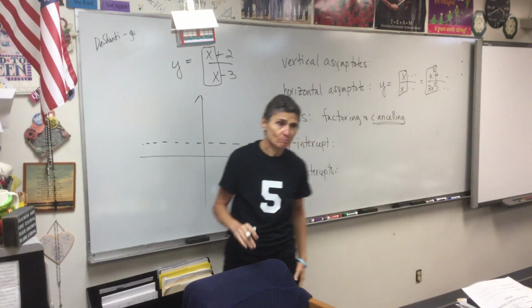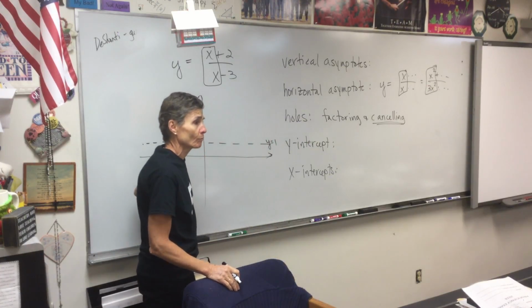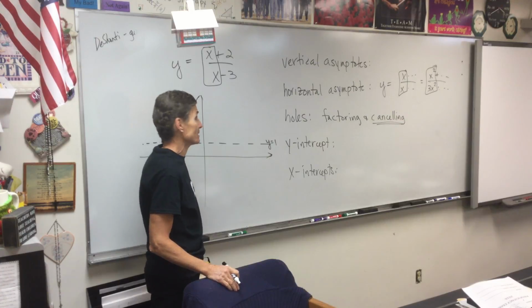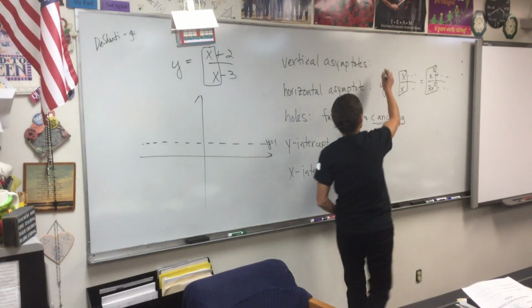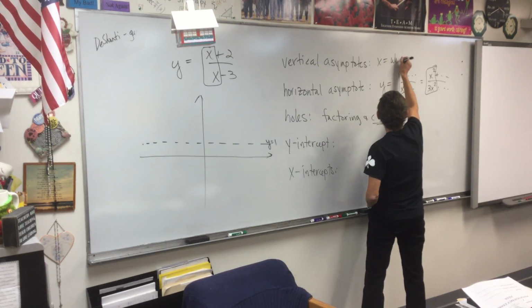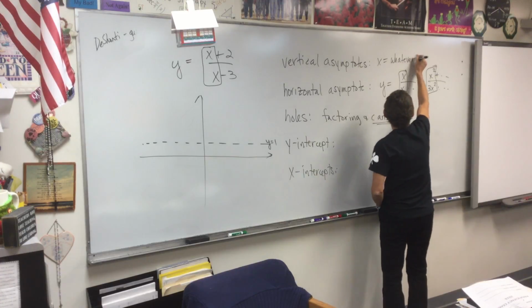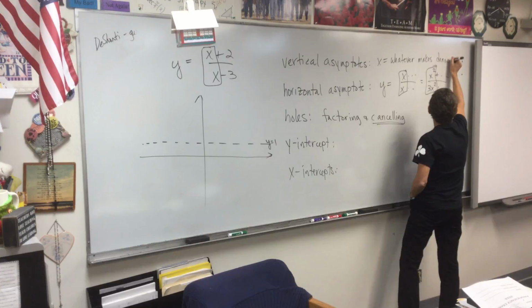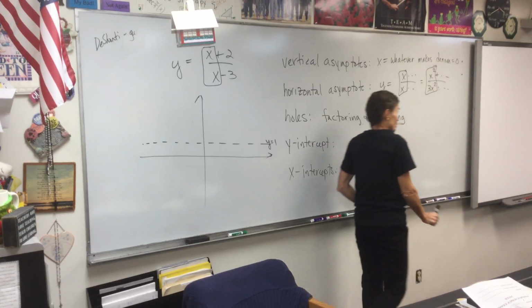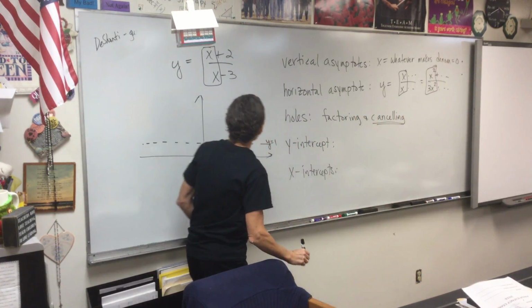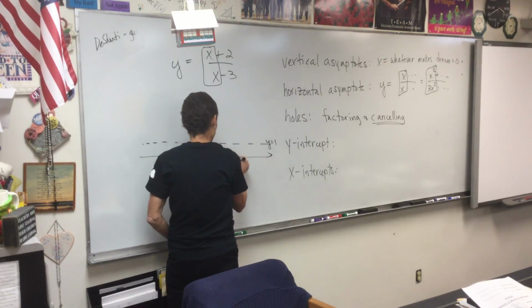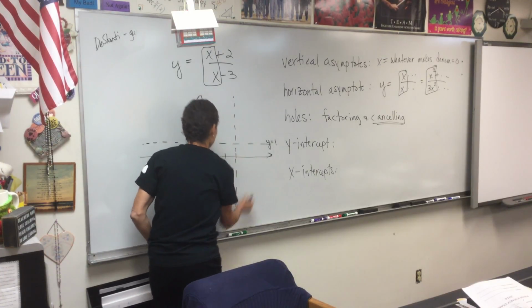Oh, your vertical asymptote you should remember. Vertical asymptote, whatever makes the denominator 0. So X equals whatever makes the denominator 0. So, what makes my denominator 0? 3. So I have a vertical asymptote at X equals 3.